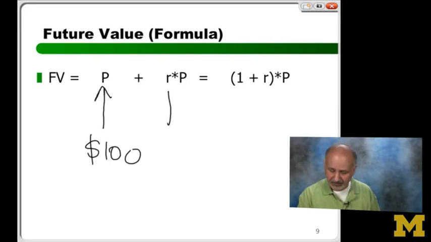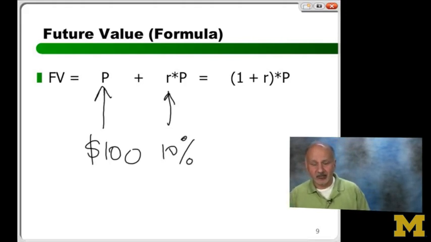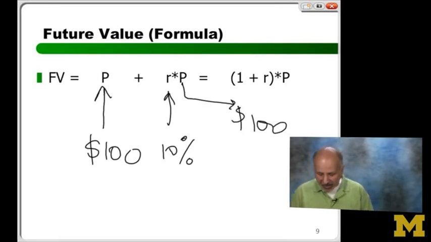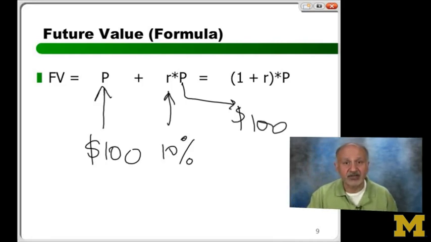What is R? R is the 10%. But the 10% is on what? It's on the P of $100. I know that 10% of $100 is a fraction, 1/10, and this will be $10.